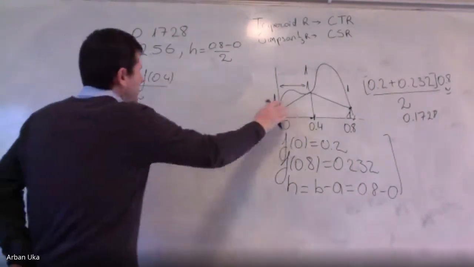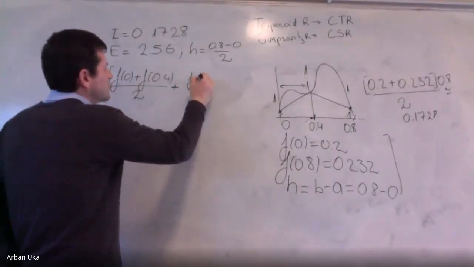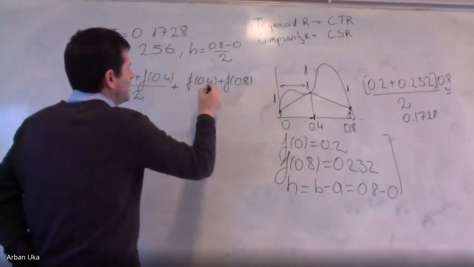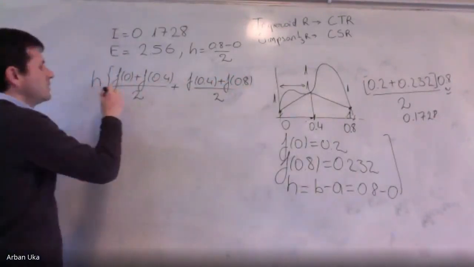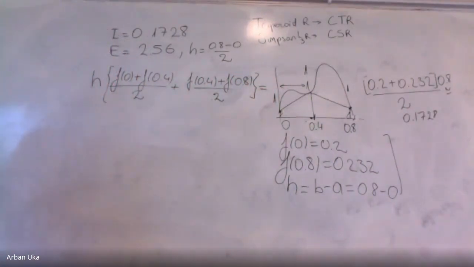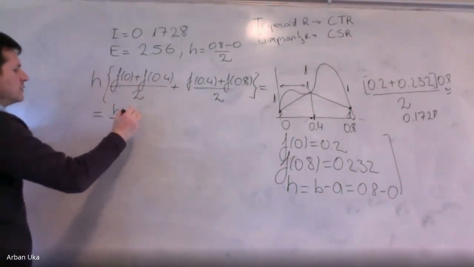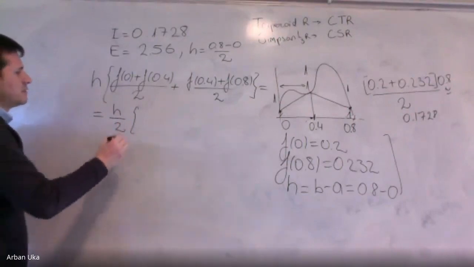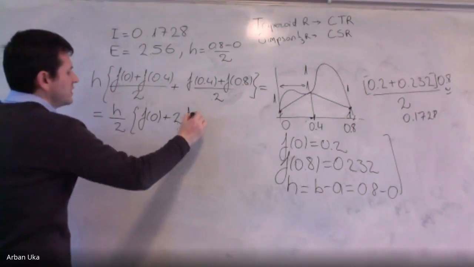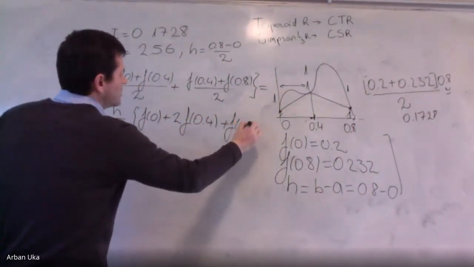That's one part. The other integral is equal to plus the function evaluated at 0.4 plus the function evaluated at 0.8, divided by 2. We multiply by h again. This is what we get, and we have some common factors, so we can write it as h divided by 2 times the function evaluated at 0, plus 2 times the function evaluated at 0.4, plus the function evaluated at 0.8.